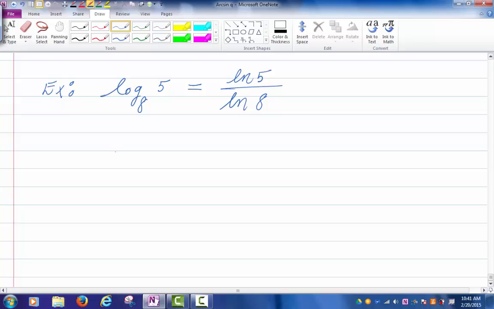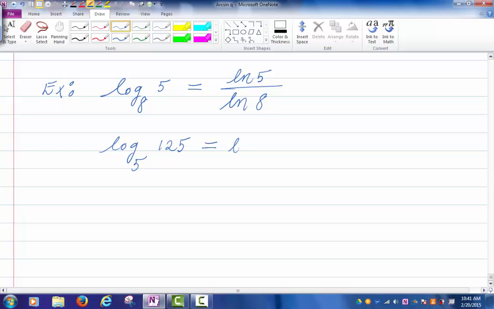If I ask you, what's the value of log base 5 of 125, what did you say? 3. Yeah, very good. So basically you're looking for a power of 5 which is going to give you 125, right? Power of 5 giving you 125.